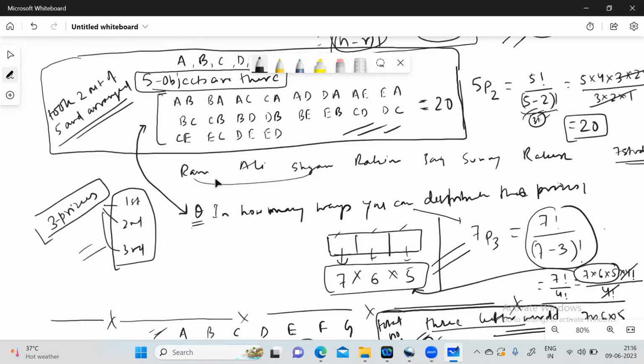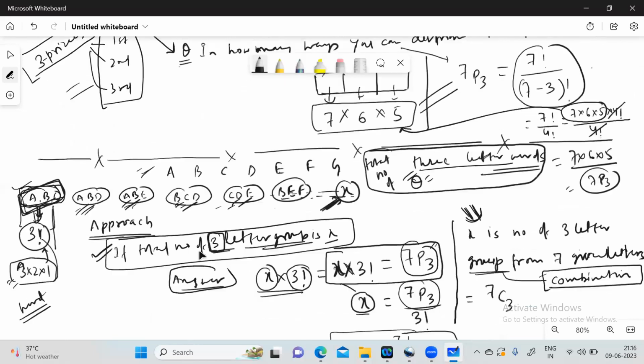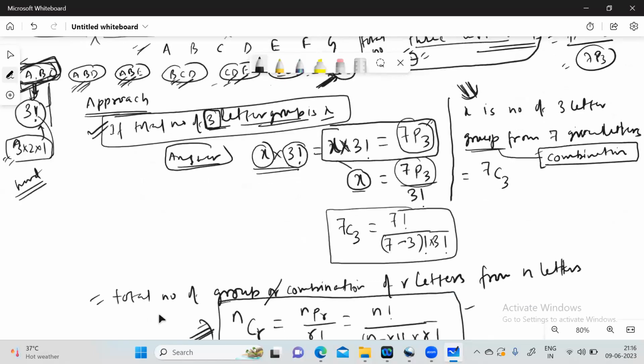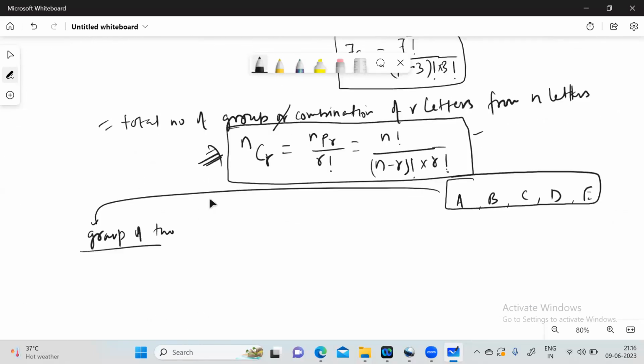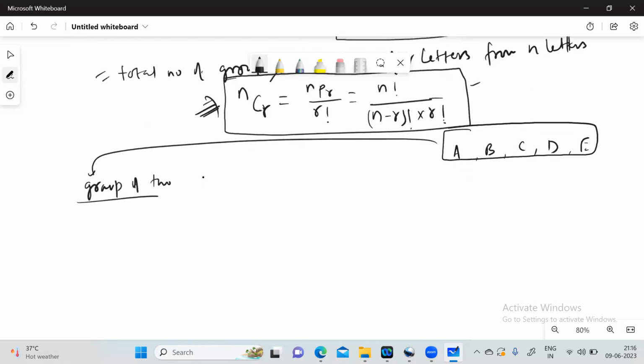So if you want to make a group, first you will take AB. You will not write BA. AB is a group. Then AC, then AD, then AE, then BC.